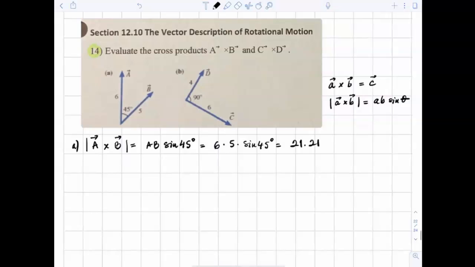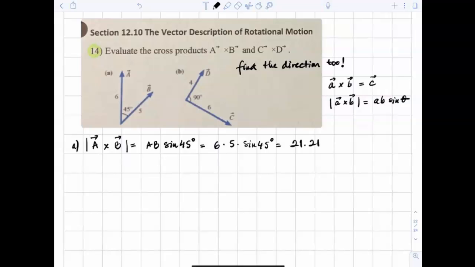However, this is not the only question, so I want you also to find the direction of it. Now imagine you're using the right hand rule.